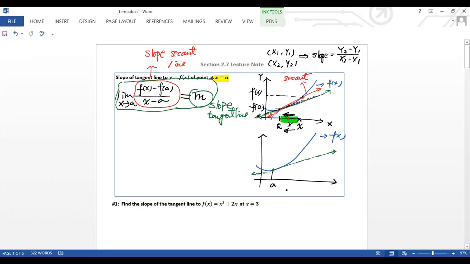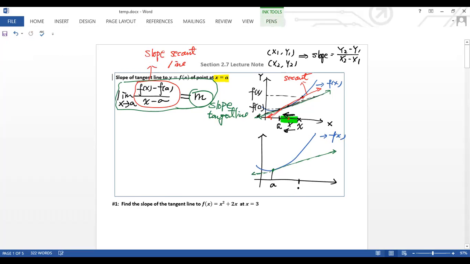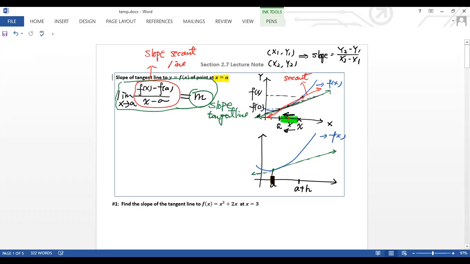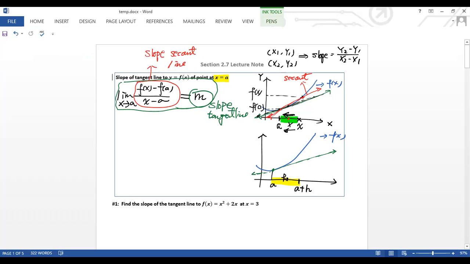Okay, now instead of finding the x here, I say, hey, this point here, I call this a plus h, right? So that means this distance here, I just added h. This yellow part is the h. I just added the h here.